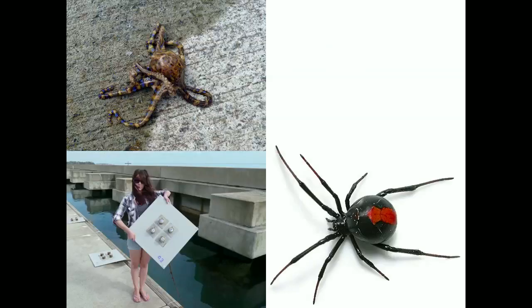This is the blue ring octopus that we commonly found on our panel, and I think even when I took this picture, it was just coming towards me. And if they bite you, your central nervous system shuts down and you basically die within 5 to 10 minutes. And then you have the black widow spider. This is Haley, who was an RA. She's now a PhD student.